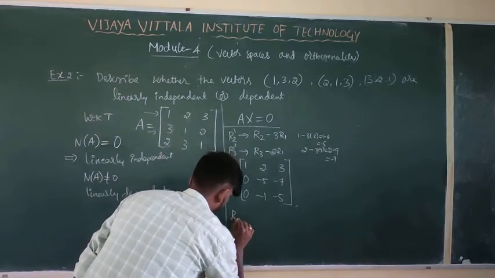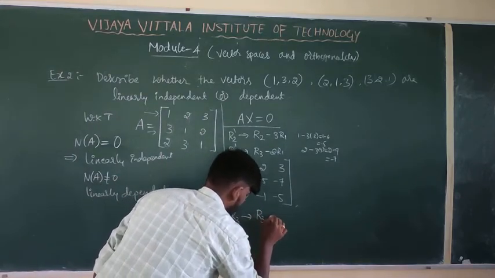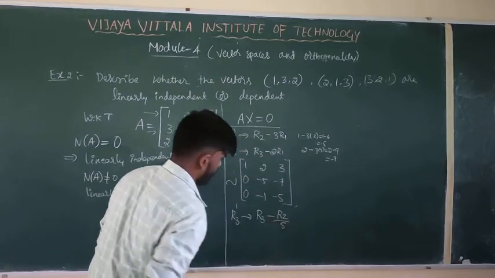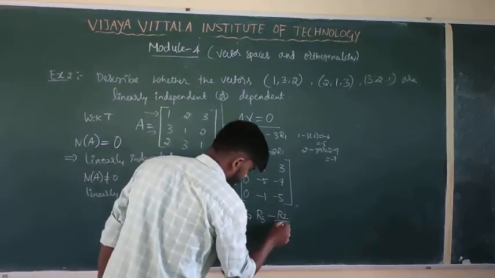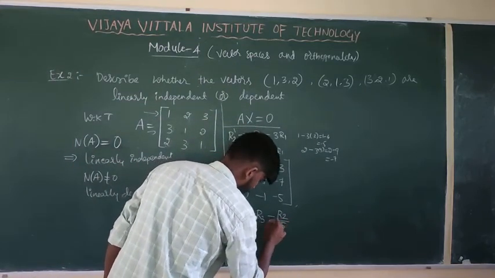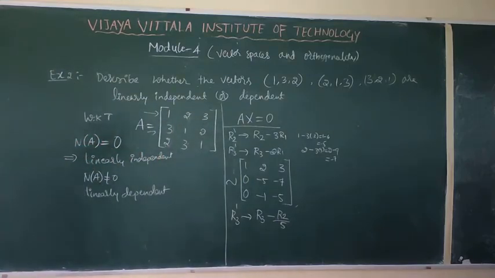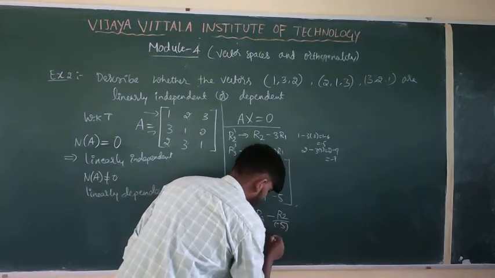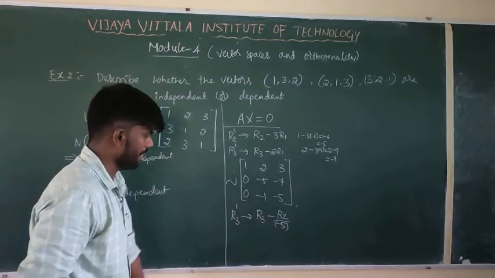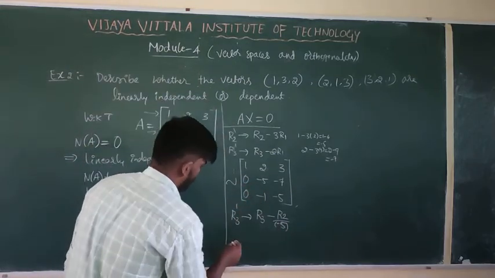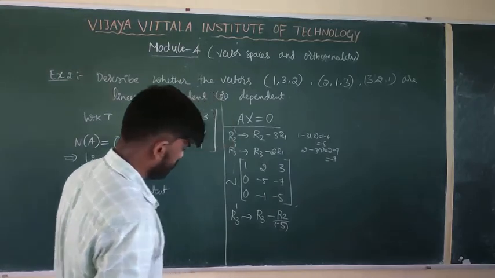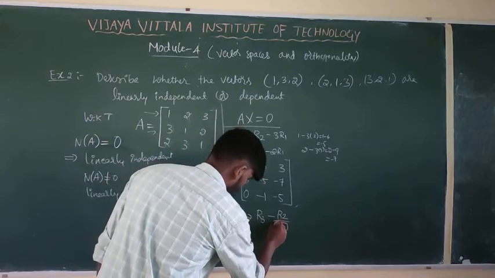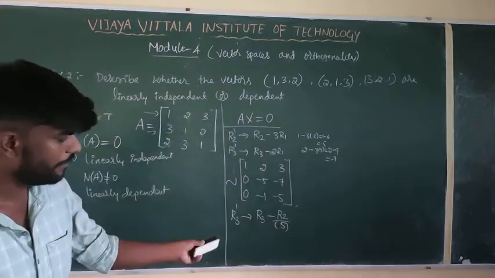We make R3 dash equal to R3 minus R2 by 5, that is, R3 minus R2 by 5.